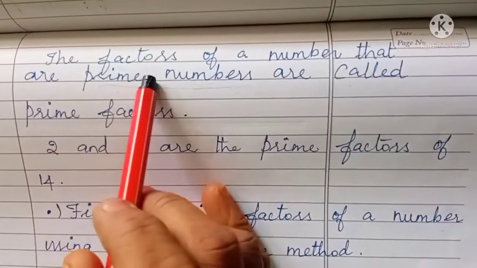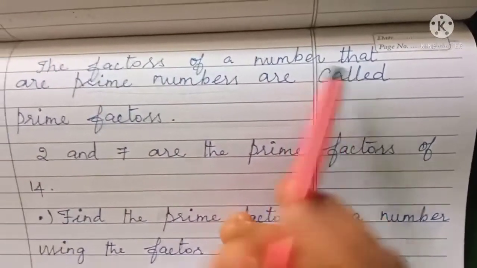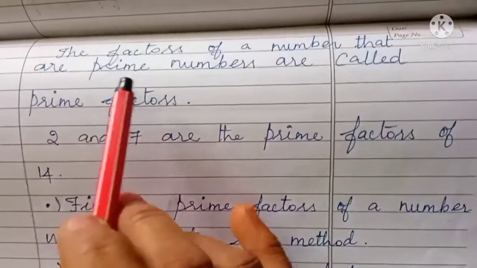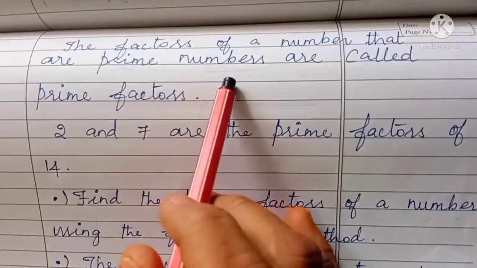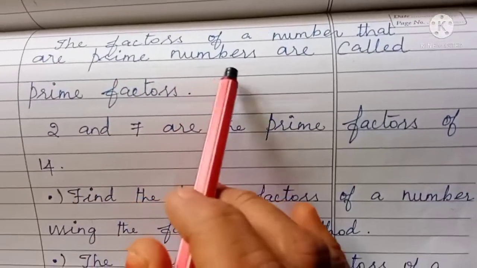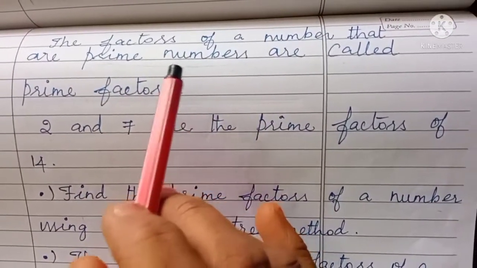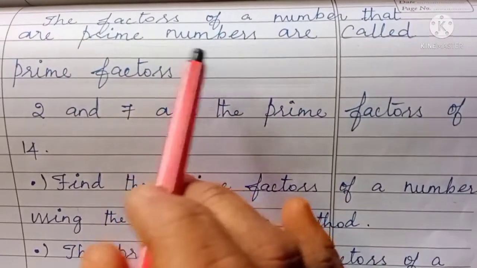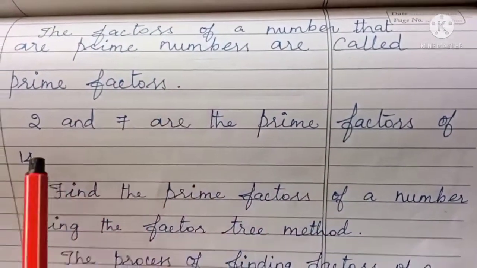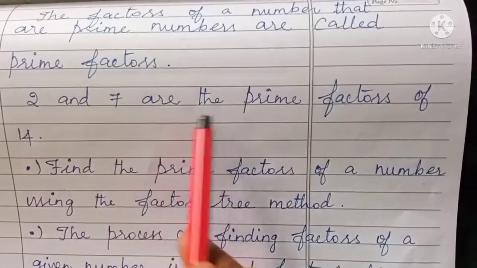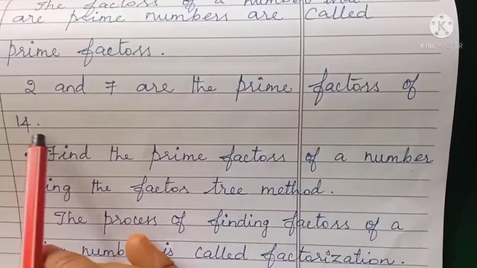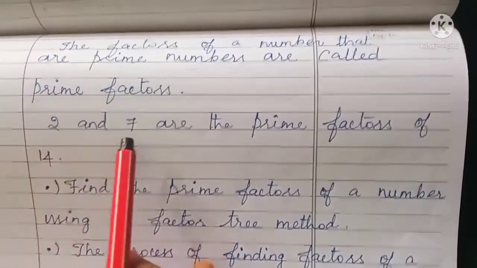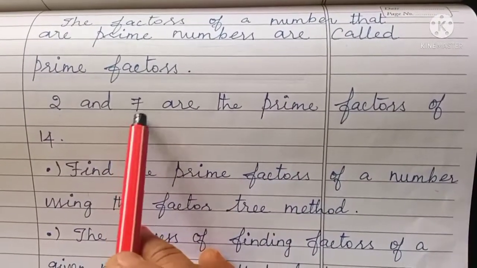The factors of a number that are prime numbers are called prime factors. We know very well what prime numbers are. Prime numbers are numbers that are divisible only by 1 and the number itself. Here 2 and 7 are the prime factors of 14, because 2 comes in the 1 table and 2 table, and 7 comes in the 1 table and 7 table.